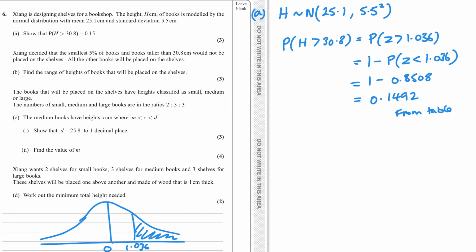Okay, now that 1.036 is obviously between 1.03 and 1.04, closer to the 1.04, but almost halfway. But you don't need to do interpolation with the tables. So if you've got your answer from the tables, this is what it will be. If you use your calculator, you'll be able to get a more accurate answer.